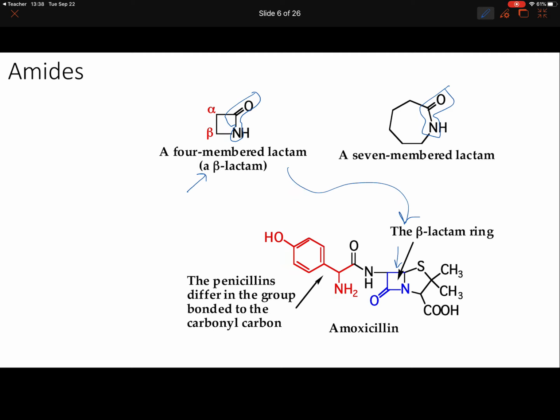The different strains produce different antibiotics. And so what's different about them is what's shown here in red. So the actual carboxylic acid that this amide gets made from is what varies in the different penicillins. But what is similar in all of them is that they contain that beta-lactam ring. Anyways, this one's shown as amoxicillin.